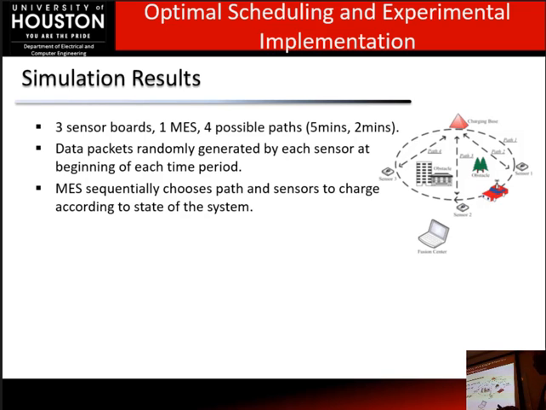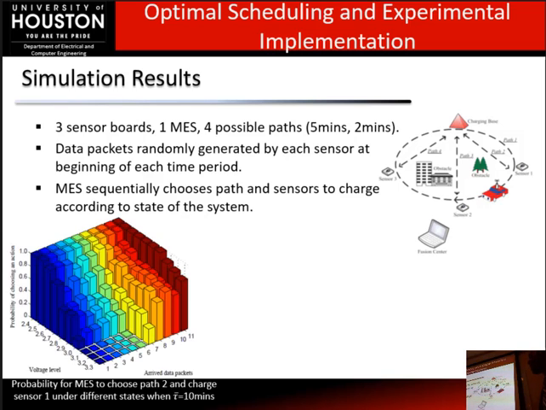And we assume that each sensor sends data packets randomly. So the MES has to choose which path and which subset of sensors to charge according to the state of the system. So I ran simulations.